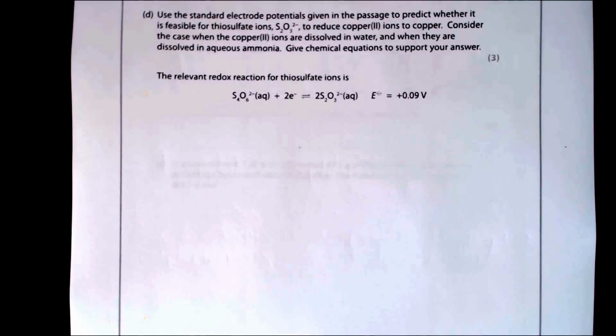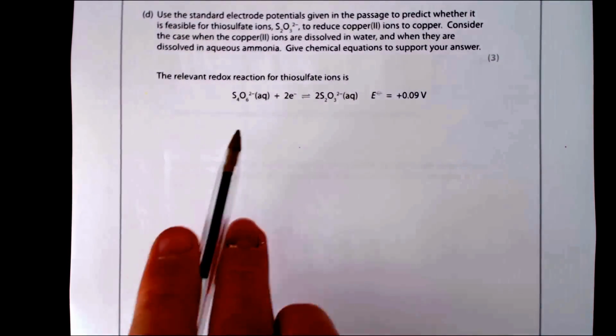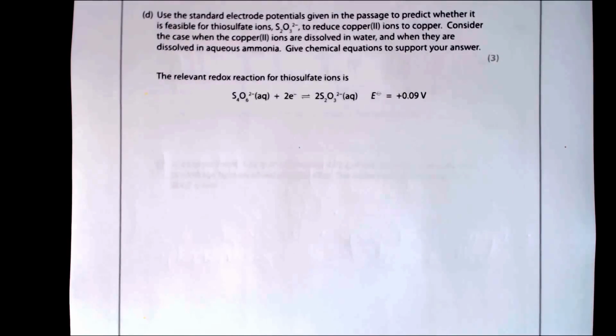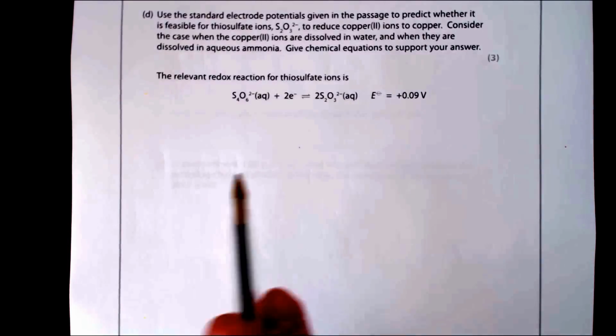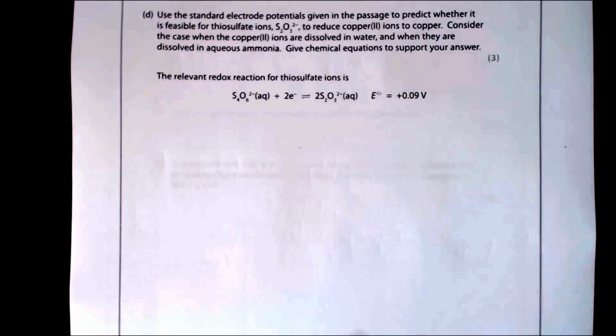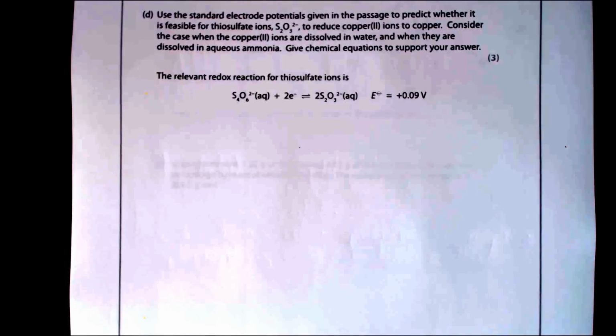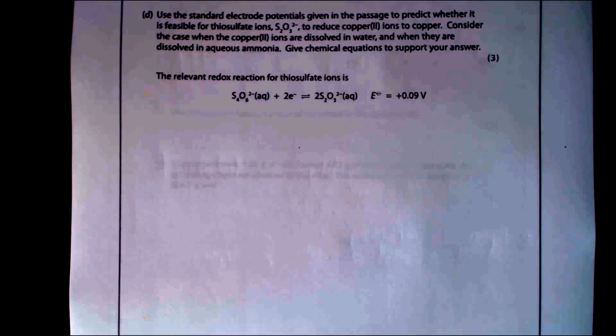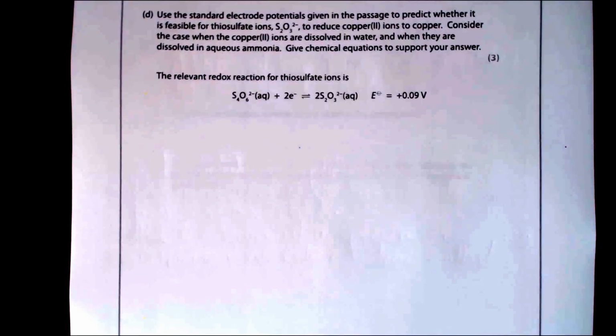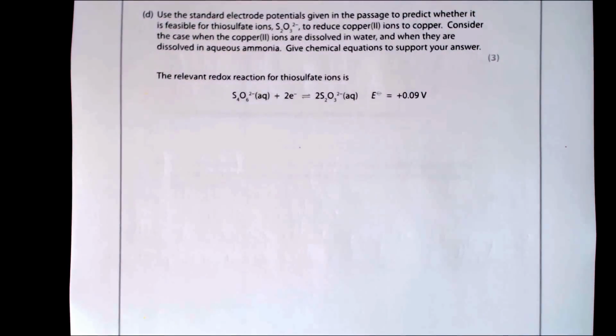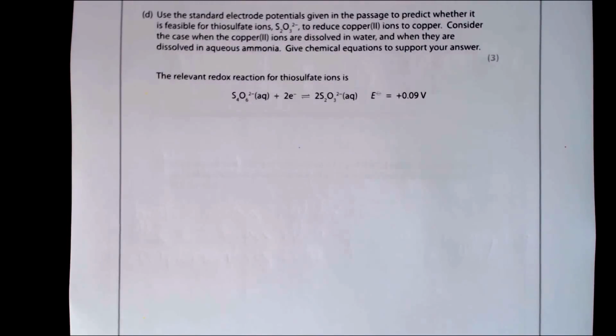Now with the anti-clockwise rule, you're going to use 2 half equations, and we're going to write the most negative E0 value on the top, and the least negative, or the most positive, on the bottom. So the first thing we're going to do is talk about thiosulfate, and we're going to do the copper with water here.